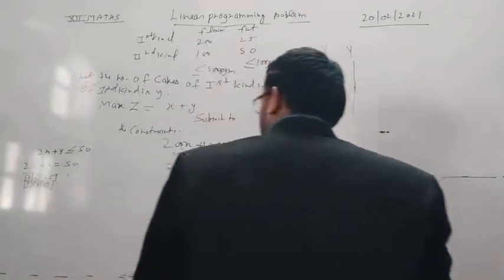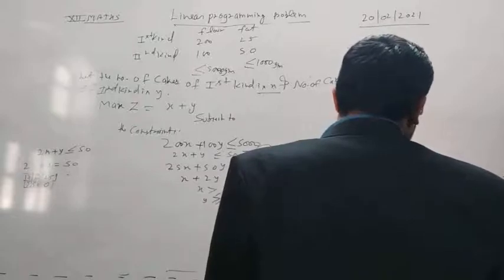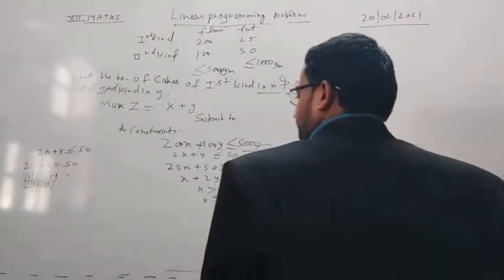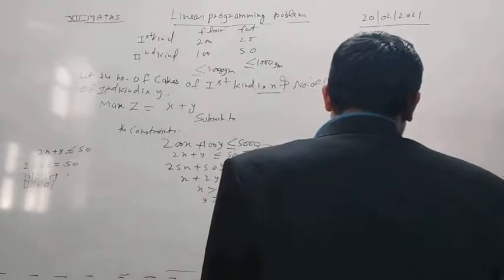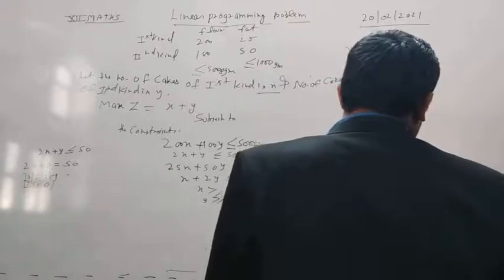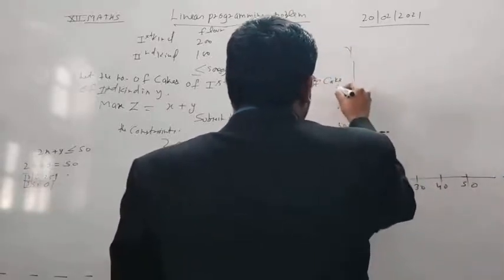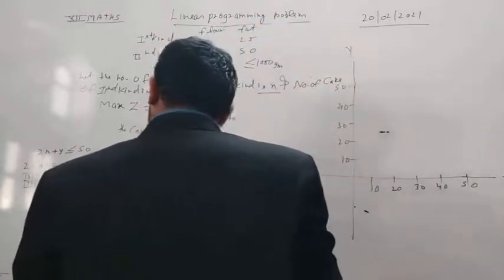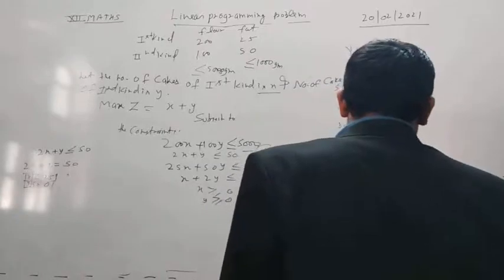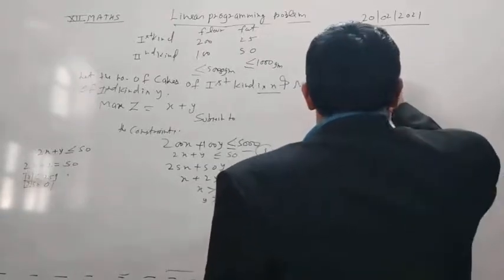So we mark the axes: 1, 2, 3, 4, 5, and 10, 20, 30, 40, 50. The first point is (25, 0) and the other is (0, 50), which is here.